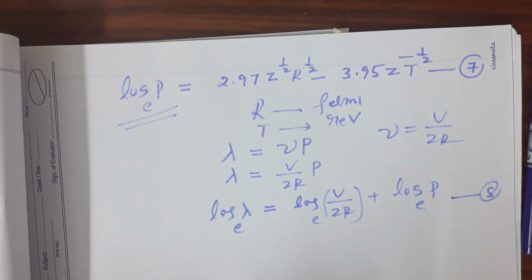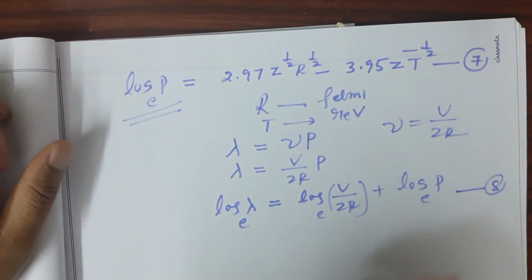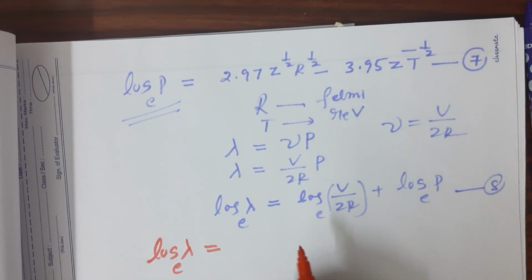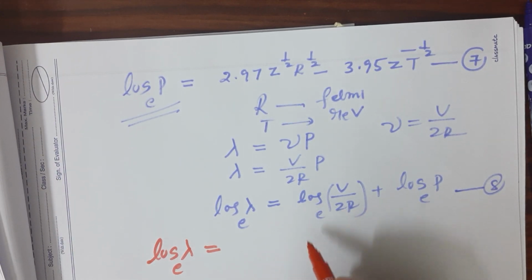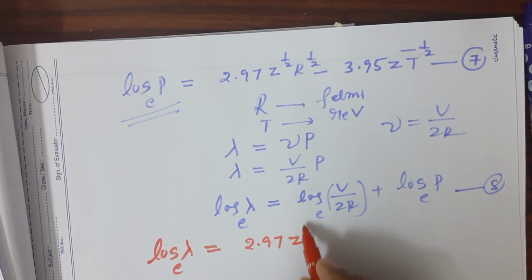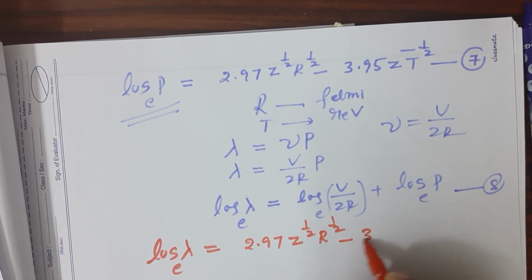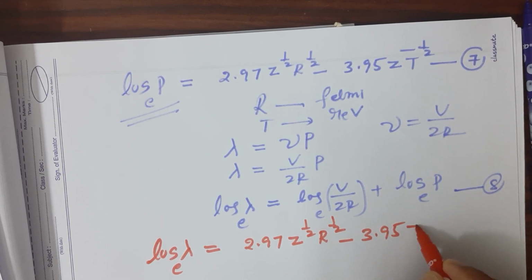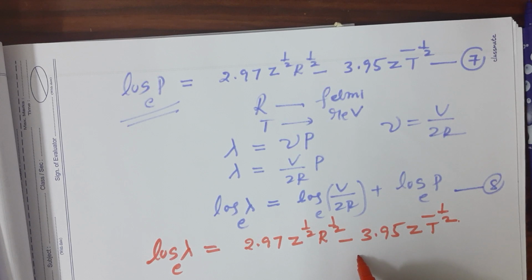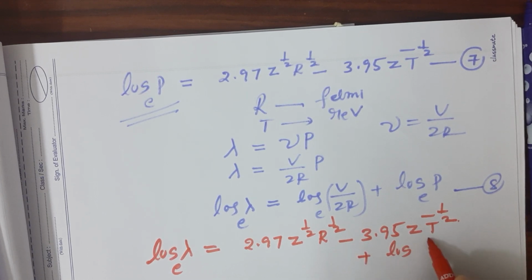So from equations 7 and 8 you can write log lambda base e is equal to log of p value, 2.97 Z^(1/2) r^(1/2) minus 3.95 Z t^(-1/2) plus log of v by 2r base e.